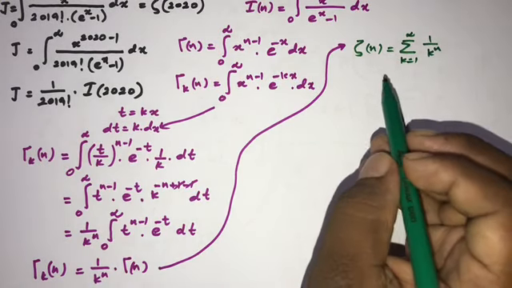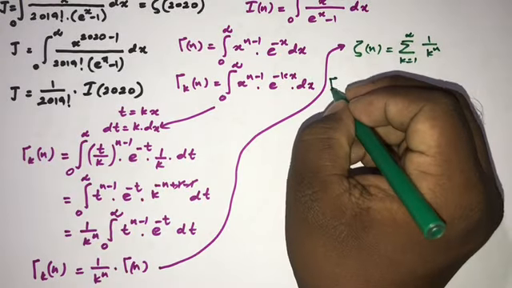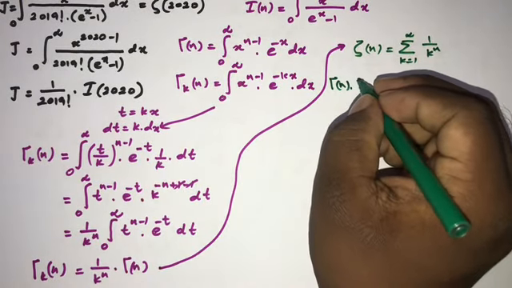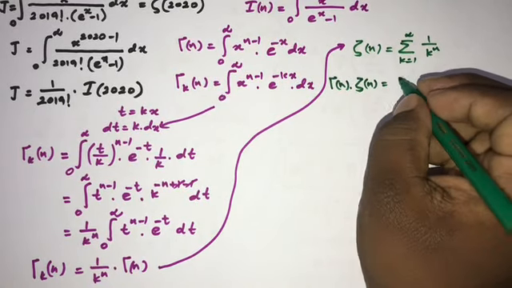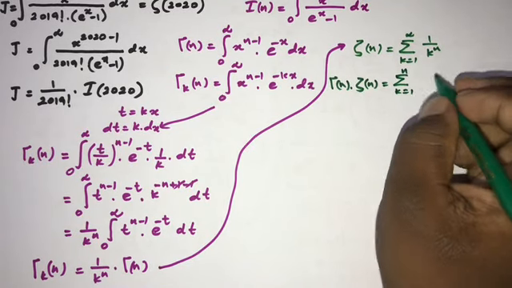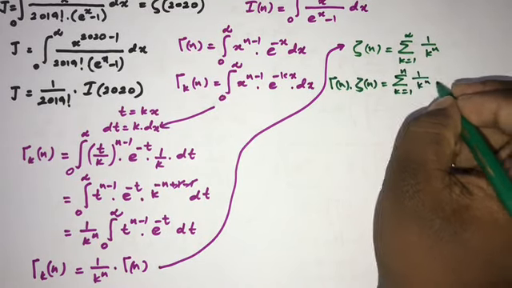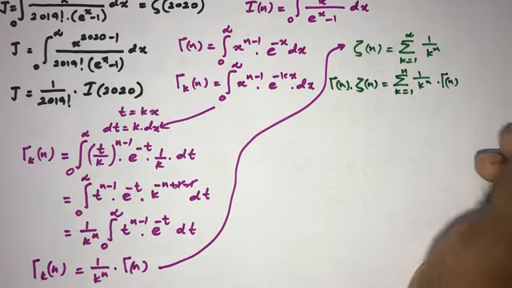Now I'm going to multiply both sides by gamma of n, so we can write gamma of n zeta of n is equal to the sum over k of 1 over k to the n times gamma of n.